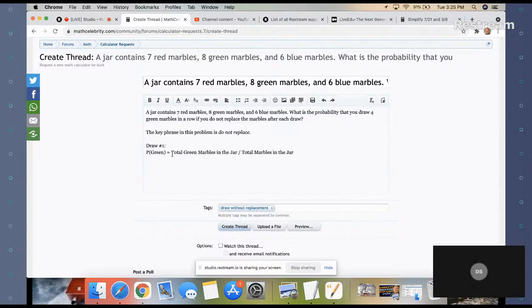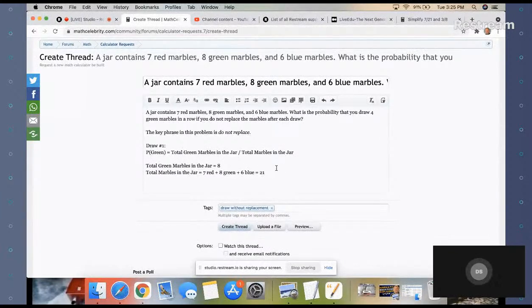So total green marbles in the jar equals 8, because we haven't started drawing anything yet. The jar's filled. Total marbles in the jar equals 7 red plus 8 green plus 6 blue equals 21.